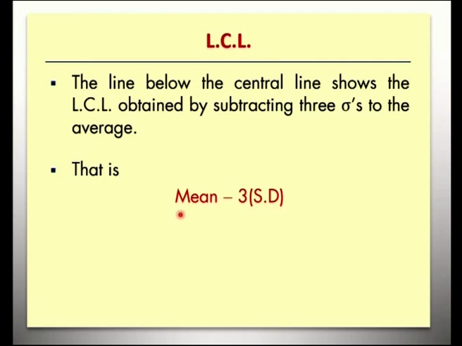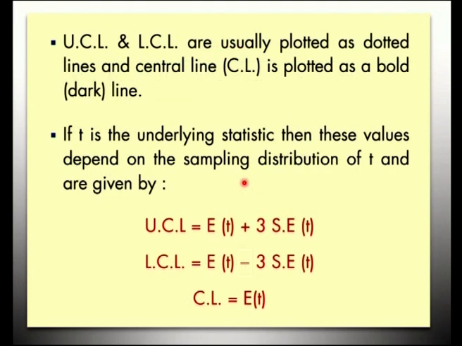That is, mean minus 3 times standard deviation. Now, UCL and LCL are usually plotted as dotted lines, and the central line CL is plotted as a bold dark line.